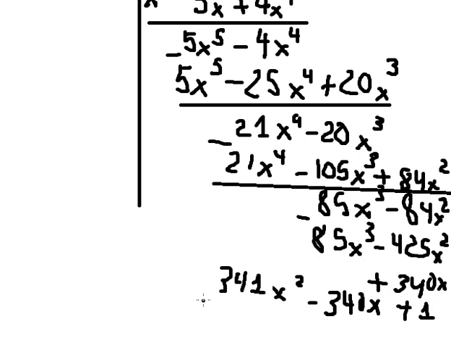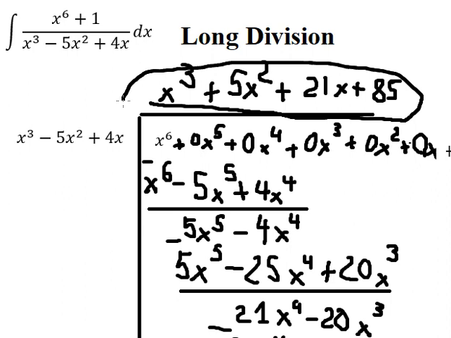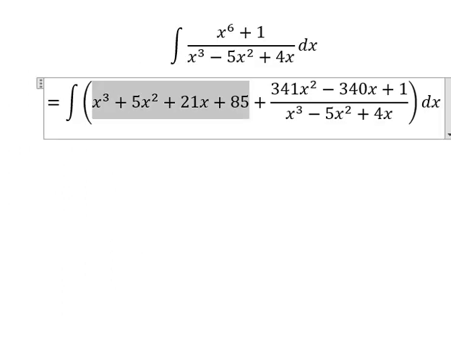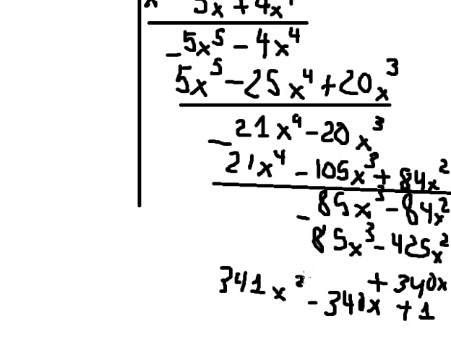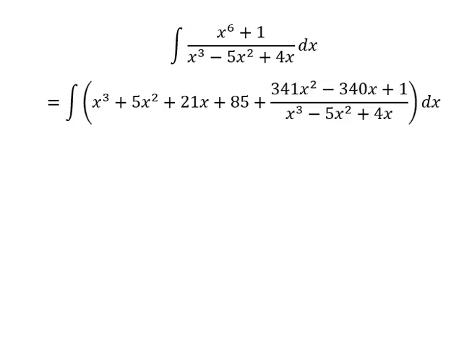So this one we have 341. So we put this one go in here, and this one will go in here. And now we can apply the formula in here.